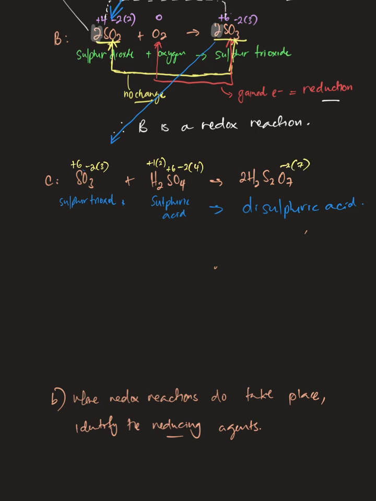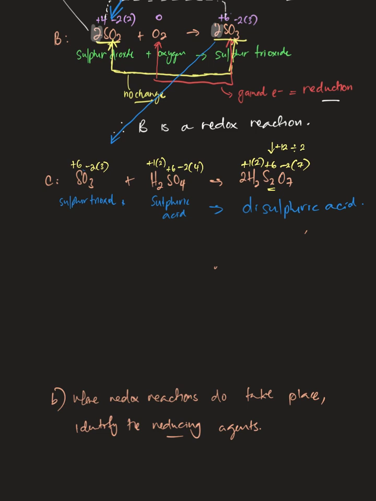The hydrogens must be +1 times 2 of them. Alright, so I've got -14, +2, but I want it to be 0. So I need this value here to be +12. But look at how many sulfurs I have. Technically, I have 2 sulfurs, so this number must be divided by 2. So I'm left with +6 in that situation.